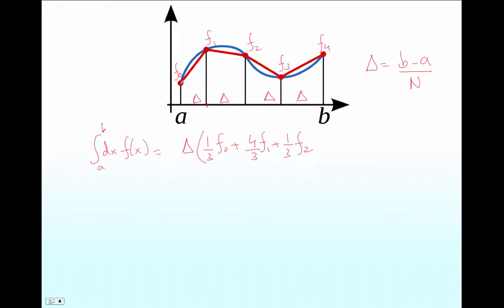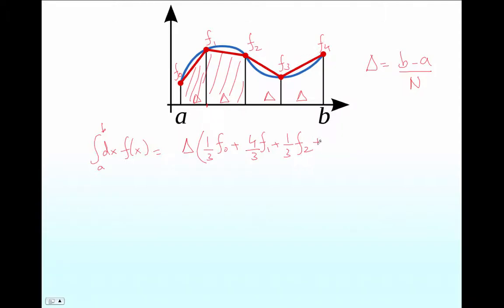What I've done effectively is pass a parabola through f0, f1, and f2. So now I have this area, which has been written below over here. Next, let me take a parabola and pass it through f2, f3, and f4.